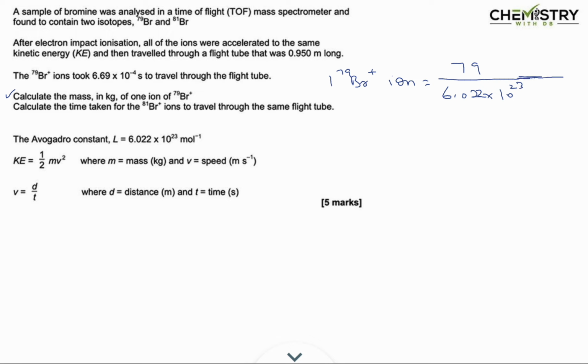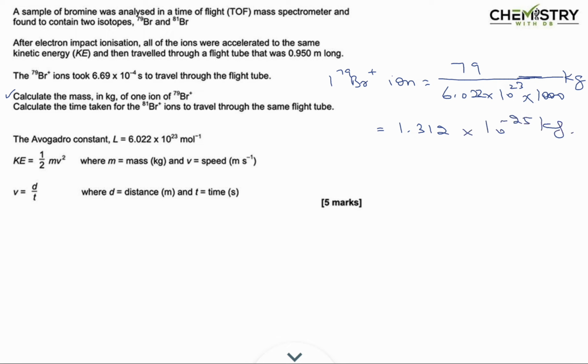If we want to have this in kilograms, we'll also have to divide by 1000. When we do that, by calculating we'll get the answer as 1.312 times 10 to power minus 25 kilograms.